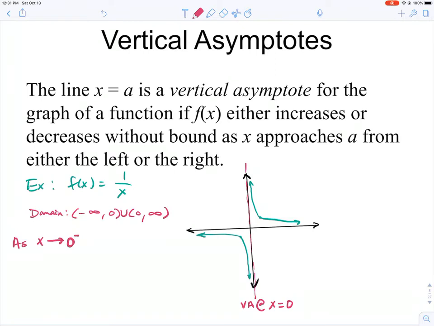Okay, so coming from the negative side, from the left. f of x is approaching, reading the graph, it looks like negative infinity, so decreasing without bound. And then as x approaches 0 from the right, f of x is approaching, looks like positive infinity. Okay, so if a rational function has a vertical asymptote, it means the function is increasing or decreasing without bound as x approaches whatever that value of a is.